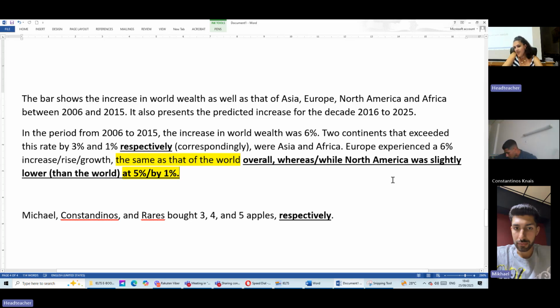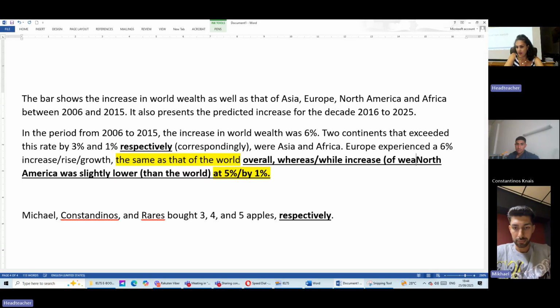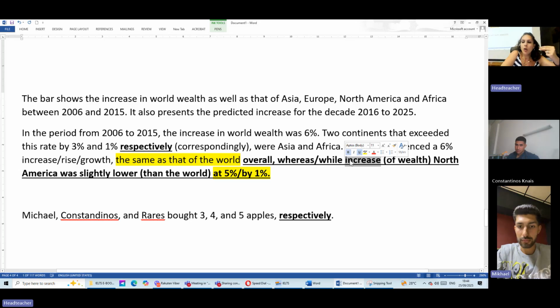So the increase of wealth in North America, be careful. It is okay if you don't say "of wealth" when things are already mentioned, but here the whole subject of this paragraph, the thing that this bar chart describes, is not the continents themselves, it is the increase of wealth in those continents.